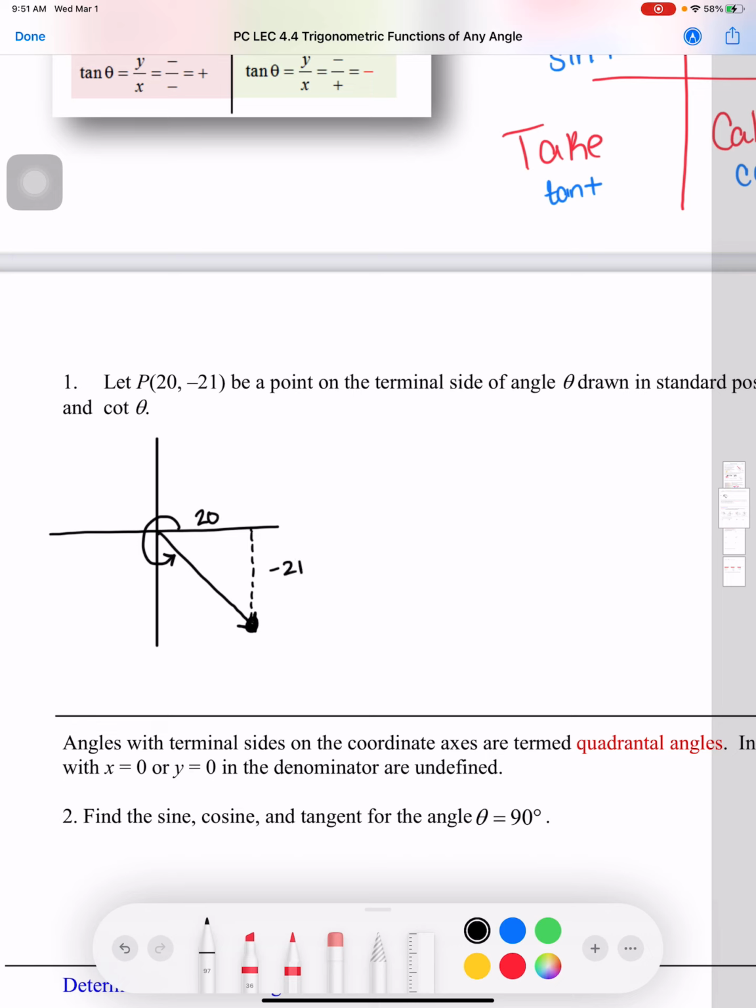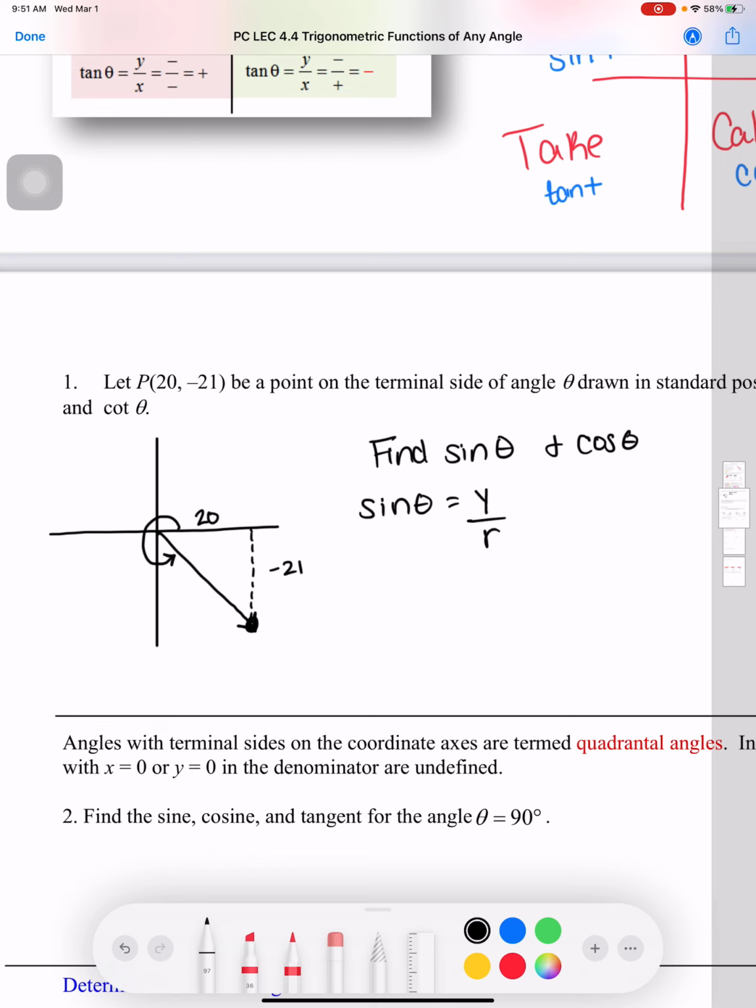It says find the value of sine theta, so I want to find sine theta and cosine theta. Well, what do we know sine theta to be equal to? We said that sine is equal to y over r.